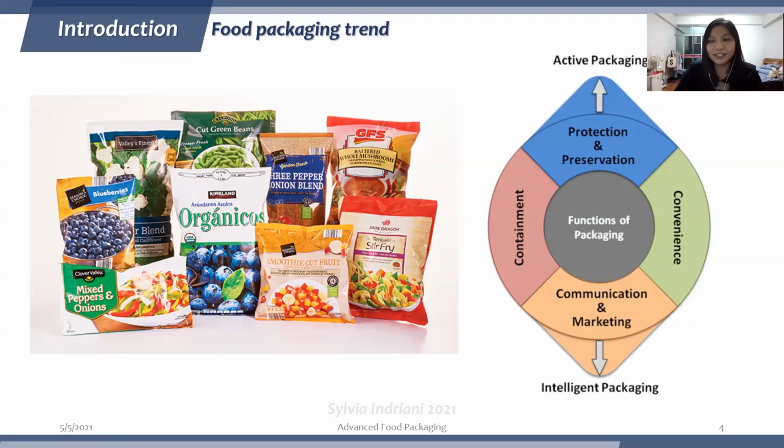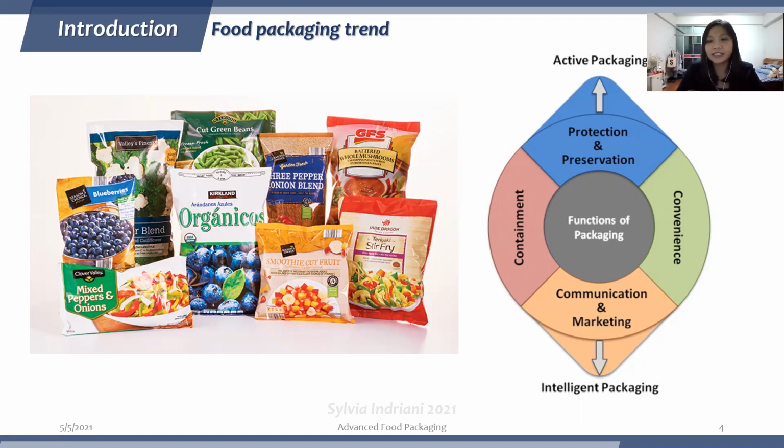We know the essential functions of food packaging, right? Starting from containment, convenience, communication and marketing, and protection and preservation. And we have heard about smart packaging, right? When we say smart packaging, it refers to two different terminologies. The first is active packaging, which is more focused on giving protection and how to prolong the shelf life of the food itself.